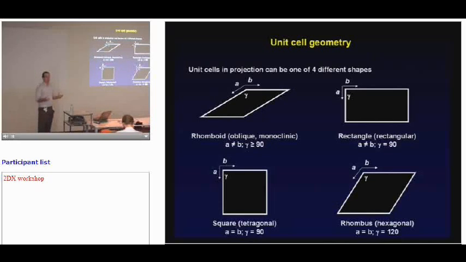So this is the general definition of it. And we get into more special cases. The rectangular case here is where A and B are not equal, but gamma is equal to 90. The square case or tetragonal case is where A and B are equal, and gamma is also again equal to 90. And then finally, the case on the right-hand side here, the rhombus or the hexagonal crystal form, where A and B are still equal, but gamma is equal to 120.